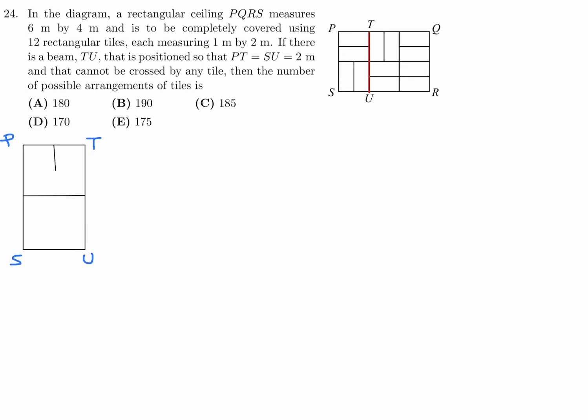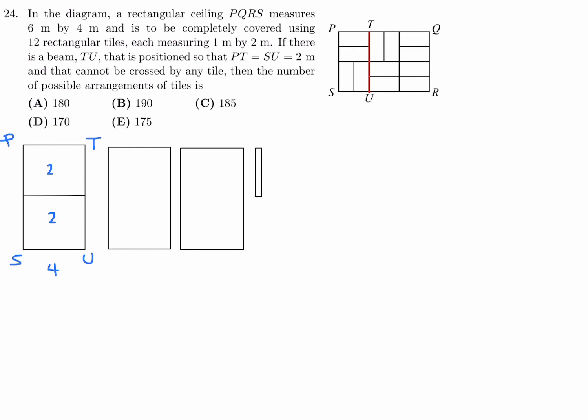It can either have the tiles like that, or the tiles can be like this, right? So each of those will have 2, so 2 times 2 is 4. And since there's only 4, it won't take that long to draw them out. So 1, 2, 3, and 4.